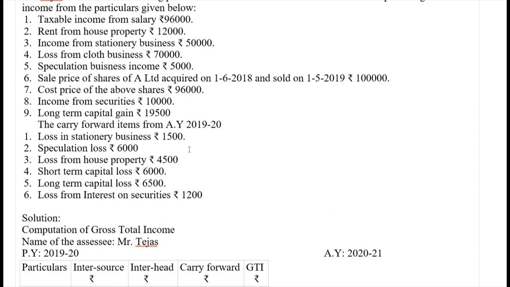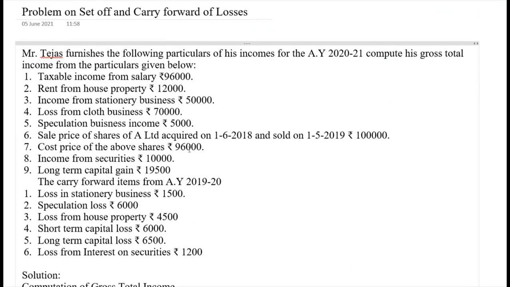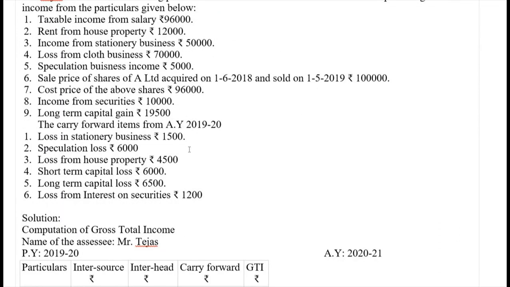Then the loss from cloth business is to be adjusted. If any loss remains, it can be adjusted against income from house property or other heads except salary. Then we have speculation income of rupees 5,000 but a speculation loss of rupees 6,000, so there will still be 1,000 loss carried forward to the next assessment year.